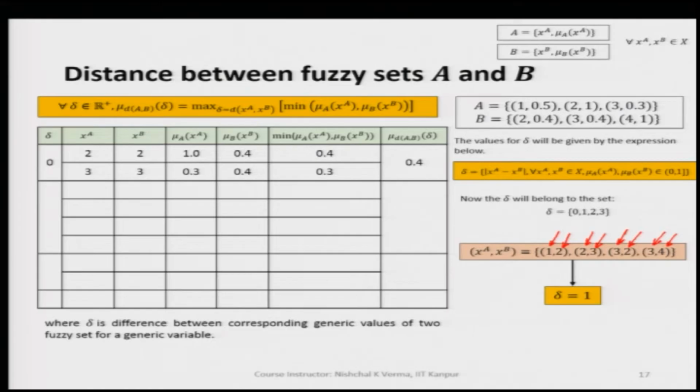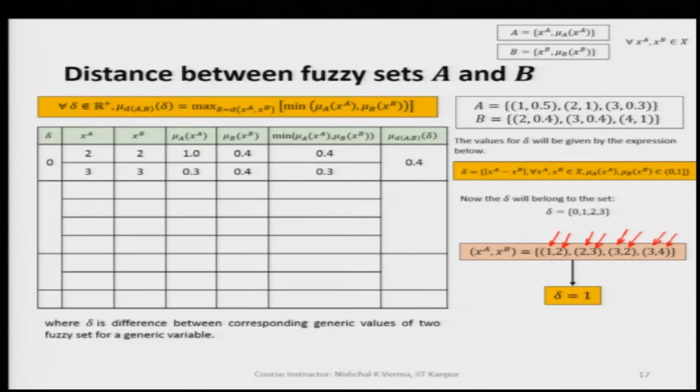All these 4 pairs result in delta equal to 1. No other pair will result in delta equal to 1. These pairs should be drawn from discrete fuzzy sets A and B, which are given in the example.